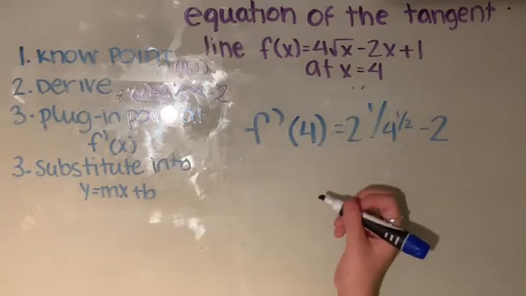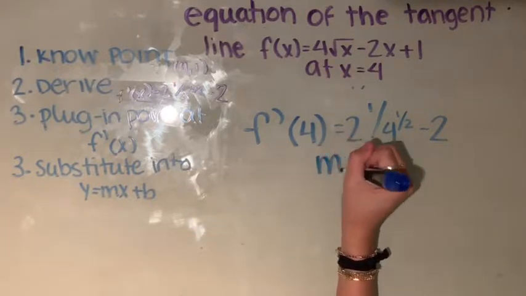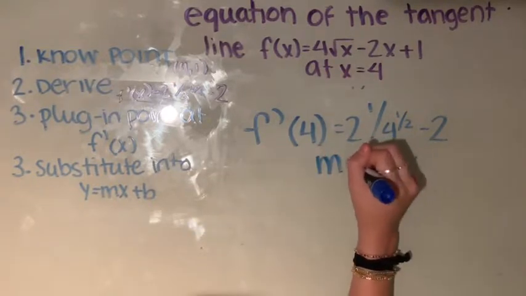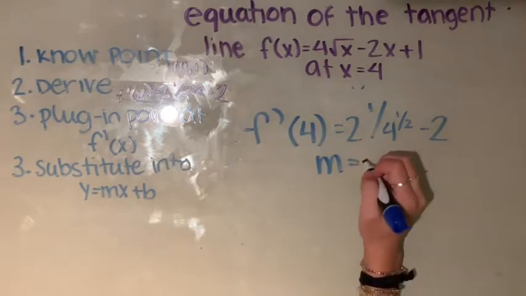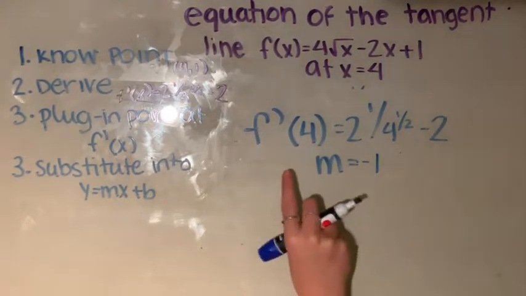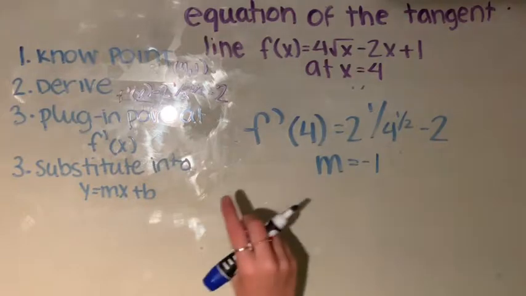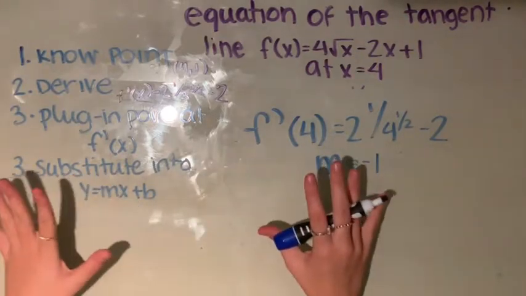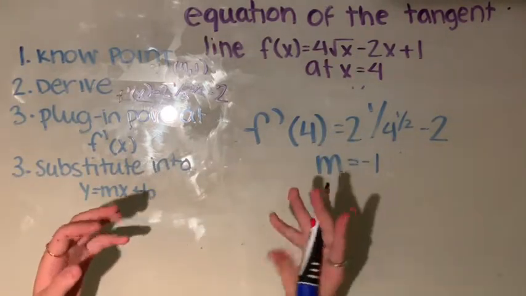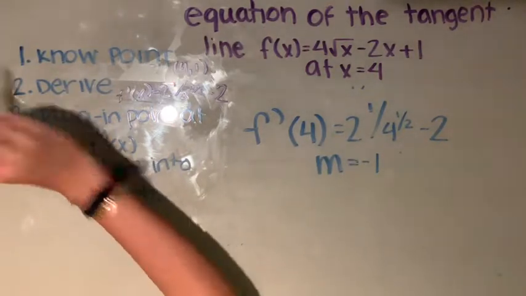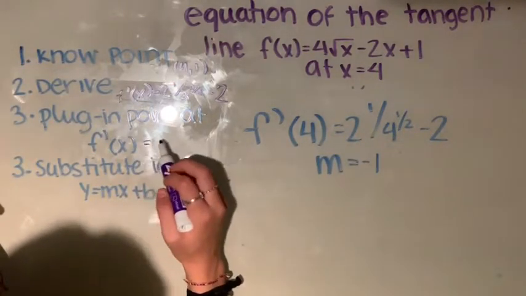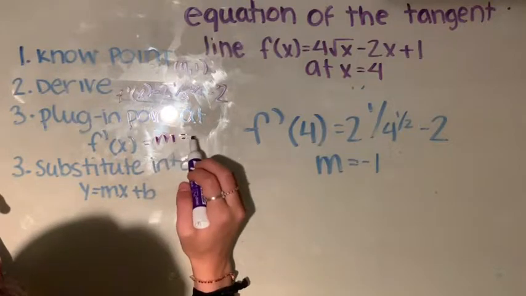And this will give us a total of negative 1. Negative 1, sorry. So we know our m. Now this we will need to substitute to make an equation. So now we know our m equals negative 1.